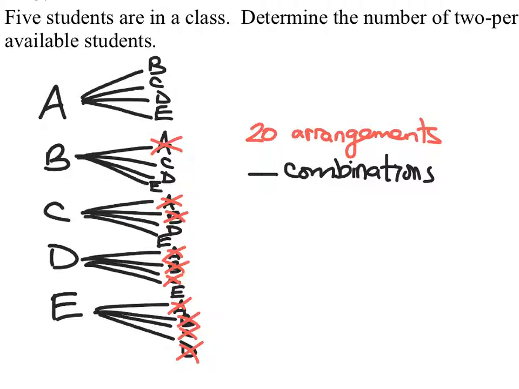So just count up all the ones that I did not cross off, or count up the ones that I did cross off and subtract them from 20, however you want to do it. 5, 8, looks like 9, 10. 4, 3, 2, 1. 4, 3, 2, 1.